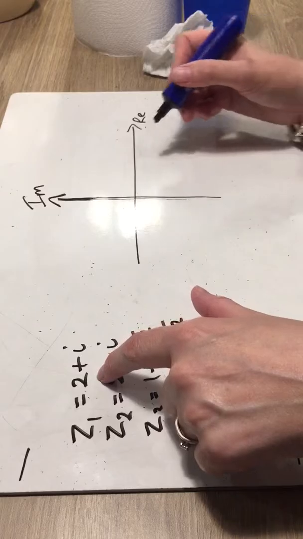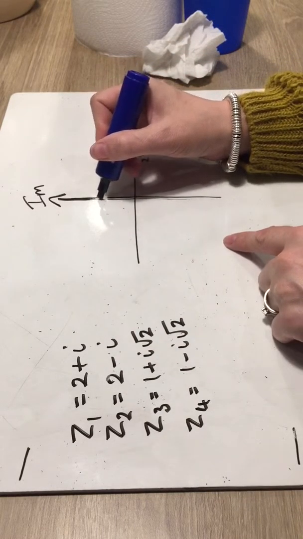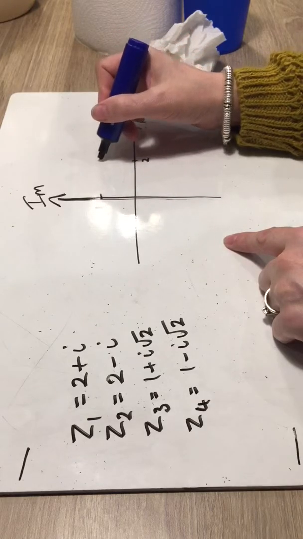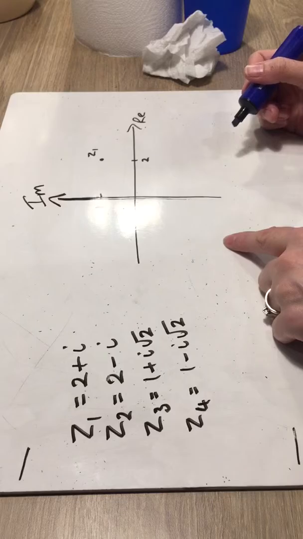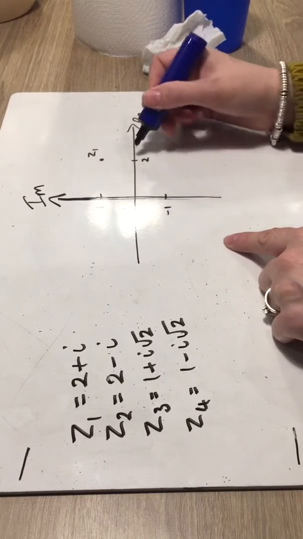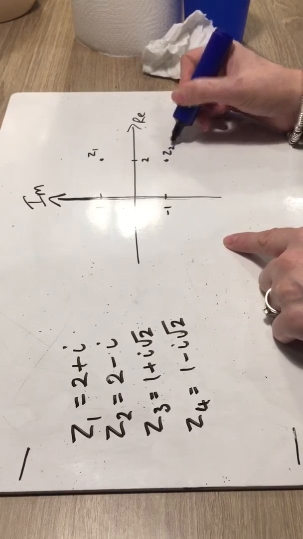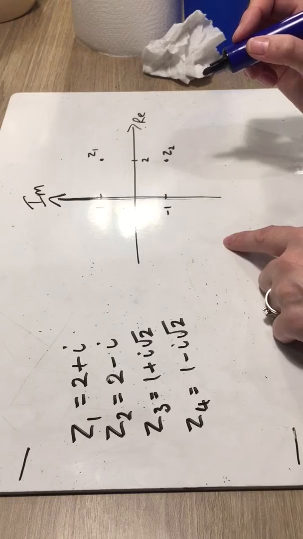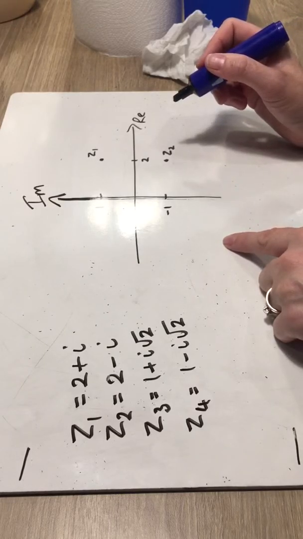So 2 plus i is 2 along and 1 up. So that is z1. z2 is 2 minus i, so that's 2 along, minus 1 down. That's z2. z3 is 1 plus root 2i.